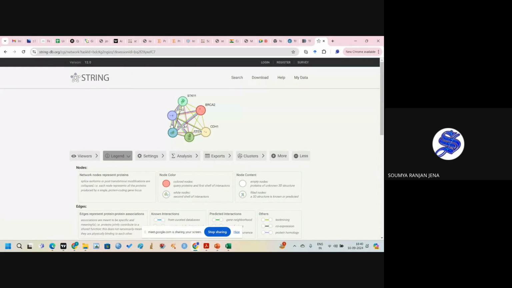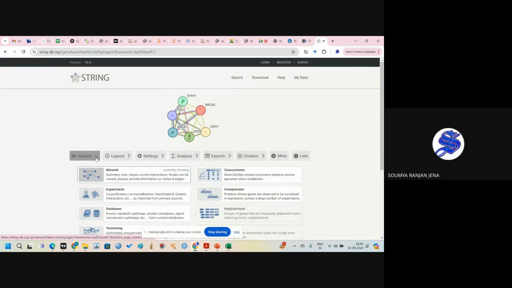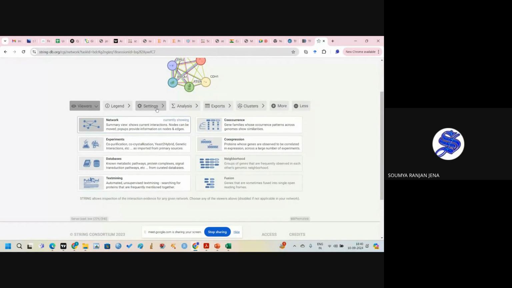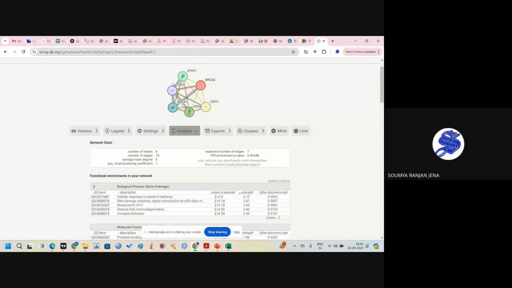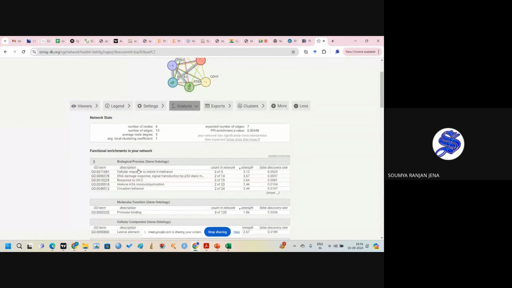See how these genes interact with each other. It gives different coding by the different colors of the lines, and here we can describe it. Suppose here you can find how these genes are responsible and interact, and these genes interact to form cellular response to indole-3-methanol signaling, and response to DNA damage, signal transduction by p53 class mediator.